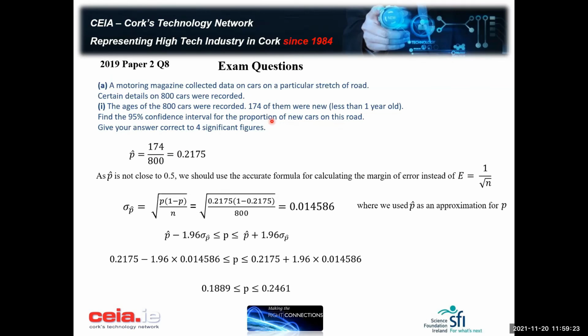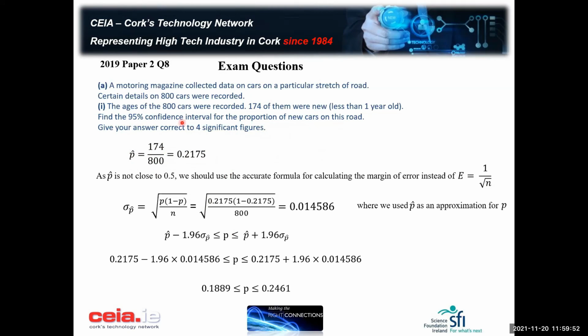So it's an inference of proportions that we're working with here. First of all, they tell you that 174 were new. They want you to work out the proportion of new cars. In this sample, the sample proportion is 174 over 800, which is 0.2175.